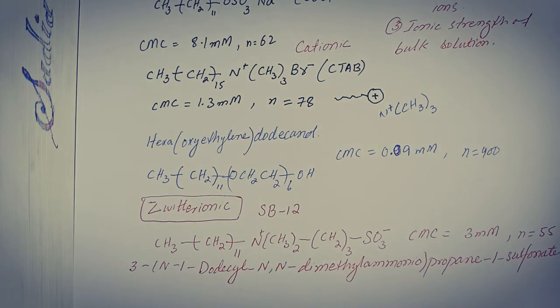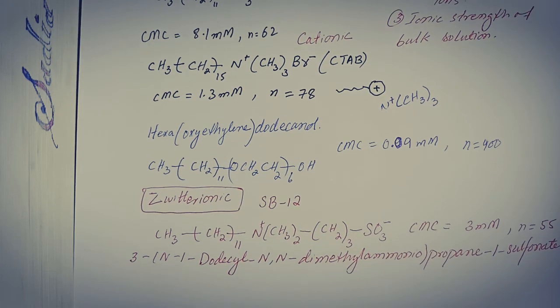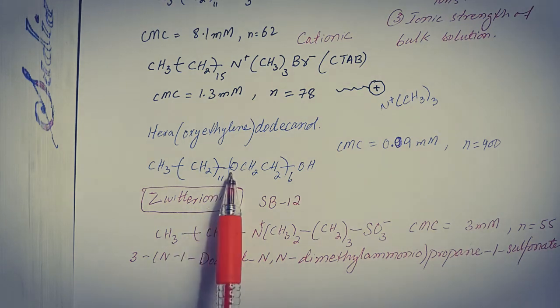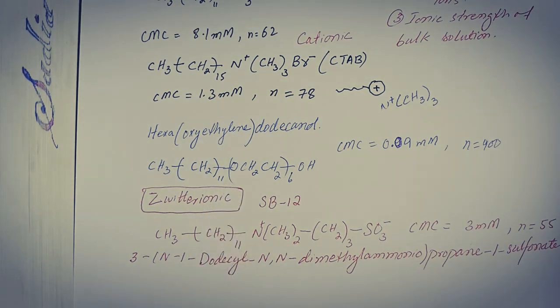SB-12 surfactant. The IUPAC name is given here, and this kind of surfactant gives the value of CMC as 3 millimolar, that is a bit higher as compared to the non-ionic surfactant. That is due to the self-stabilization of this molecule, but it also has hydrophobic repulsion with the solvent.